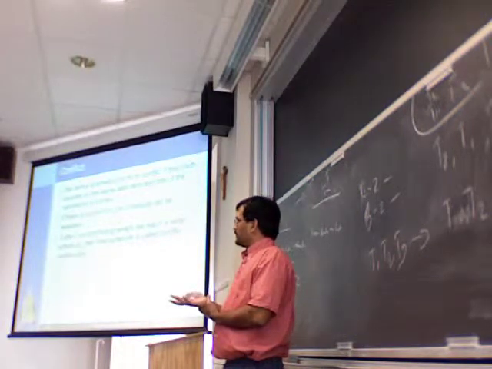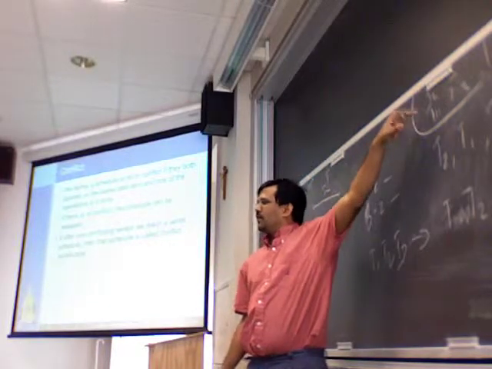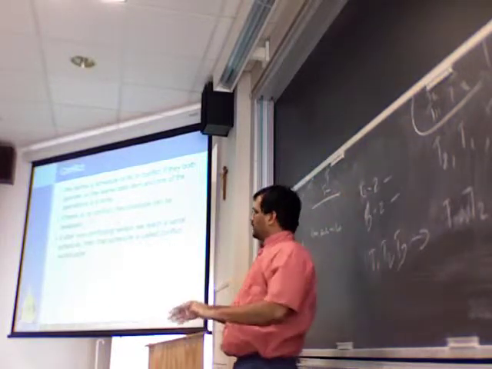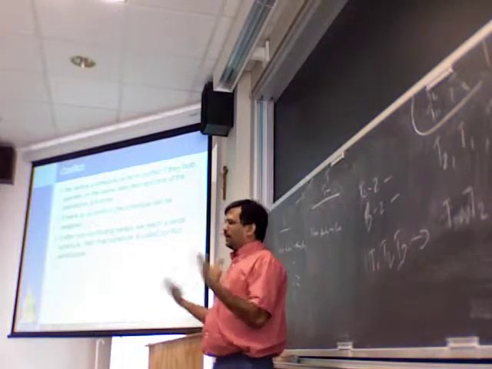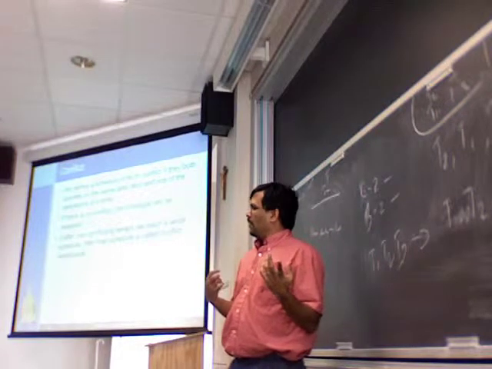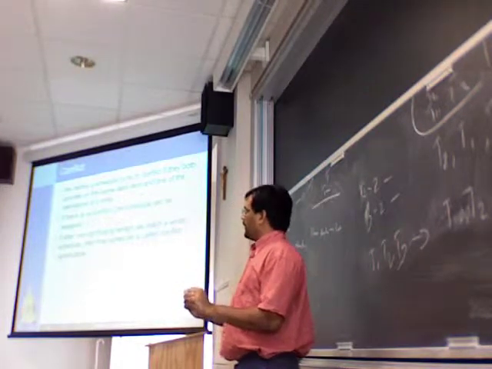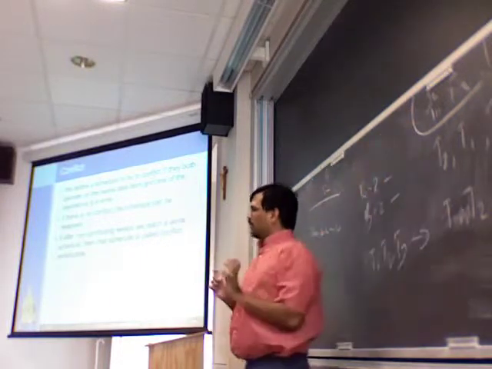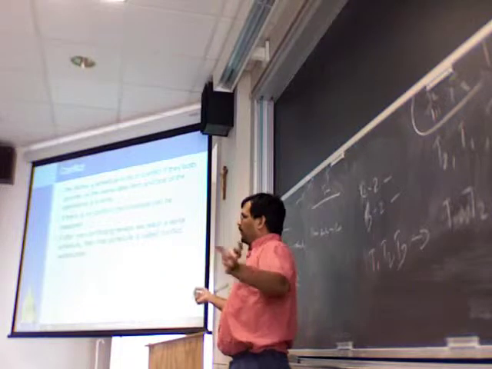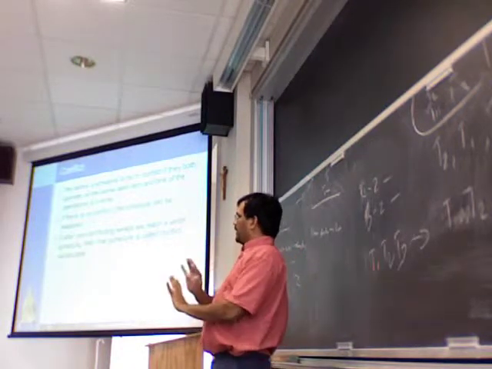Does that make sense? You don't want T2 and T1 to happen at the same time because potentially they could both be operating on the same set of variables and bad things can happen. But if you figure out that they're not operating on the same variable, then I can make these two go in parallel, and you won't be able to tell the difference, because even though they're going in parallel, they're not operating on the same variable.